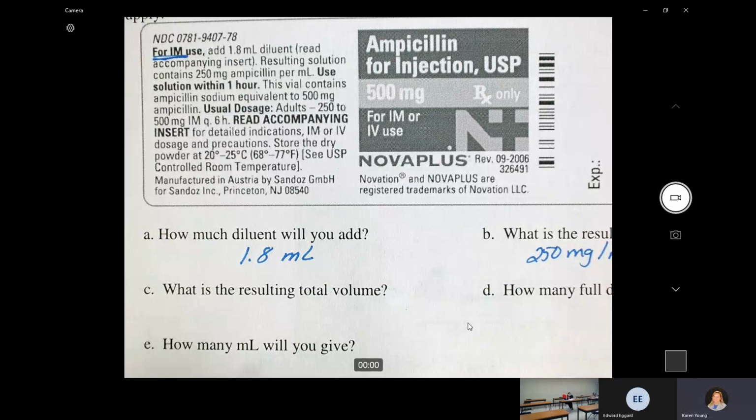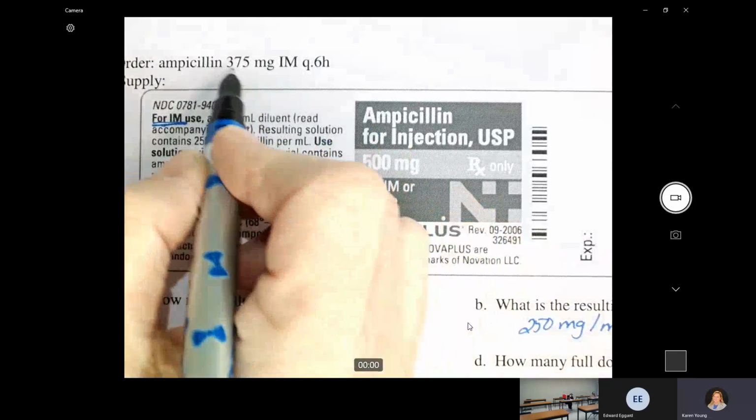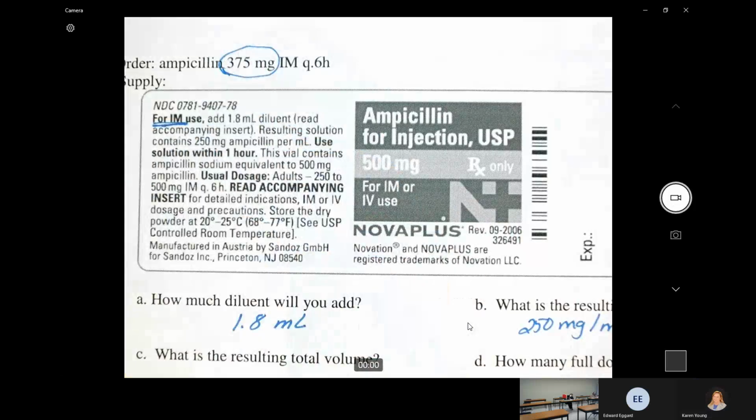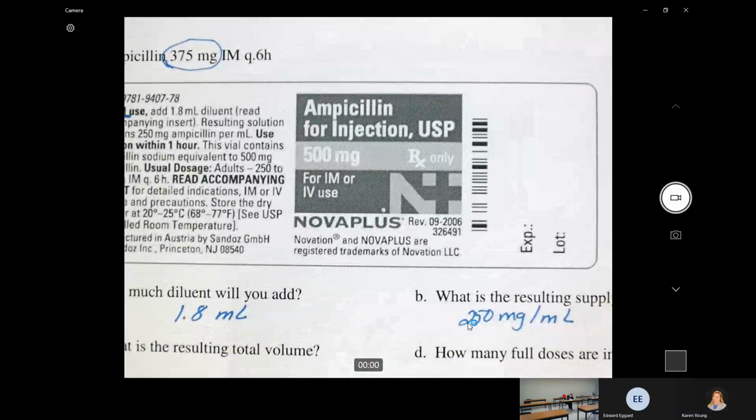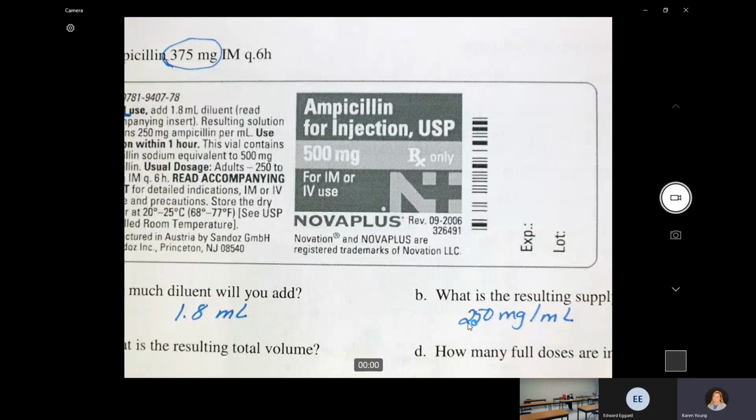You've got the information. Our order is 375 milligrams. So how many milliliters will you give? And remember, we're looking at 1 dose. The information you need is on the screen.